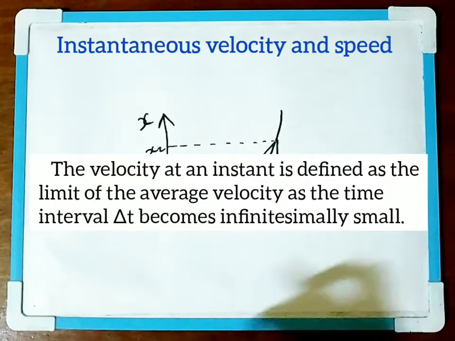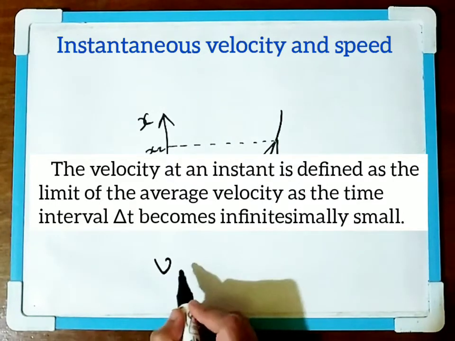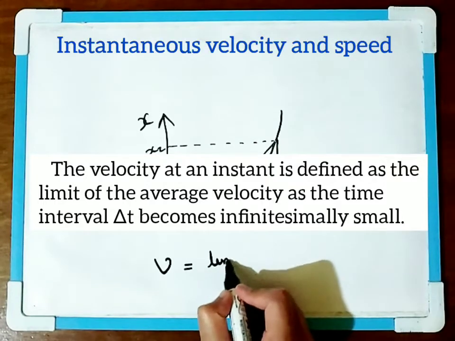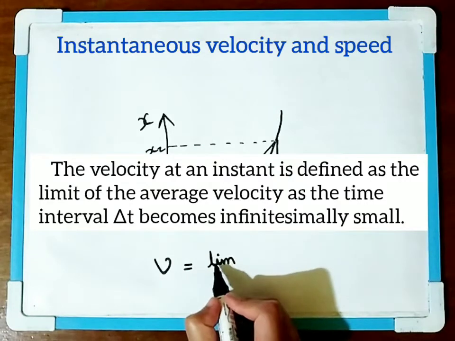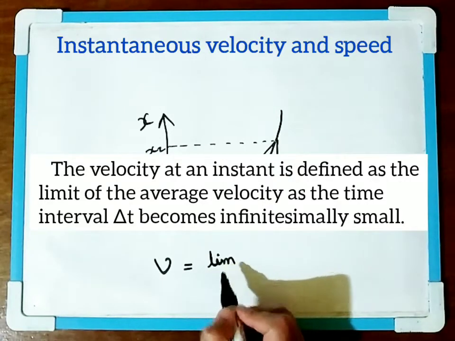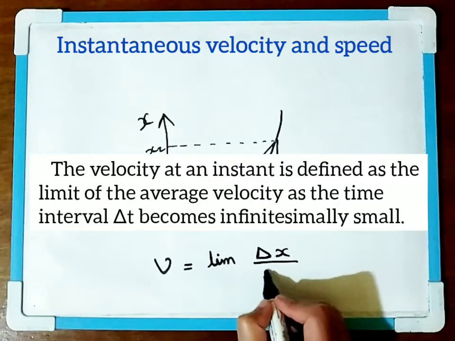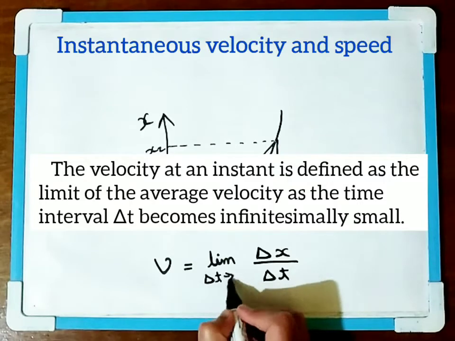In other words, your instantaneous velocity, simply denoted by v, is defined as the limit of the average velocity, which is delta x by delta t, as the time interval delta t tends to 0.